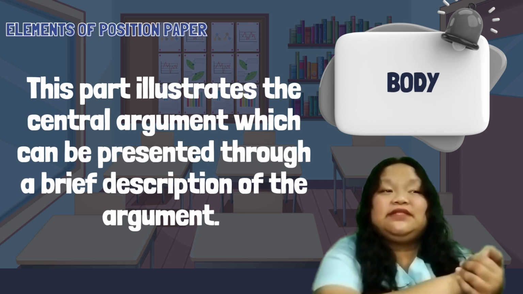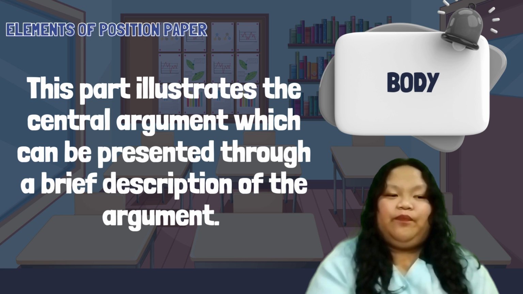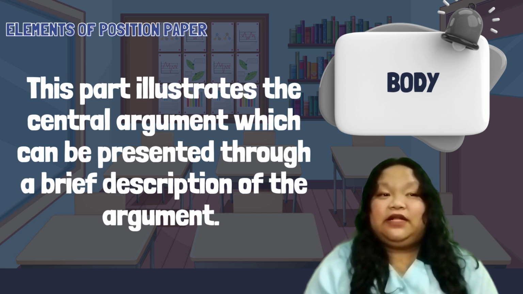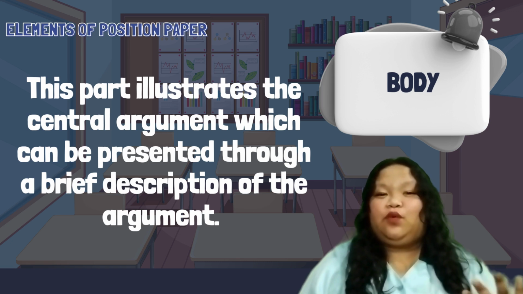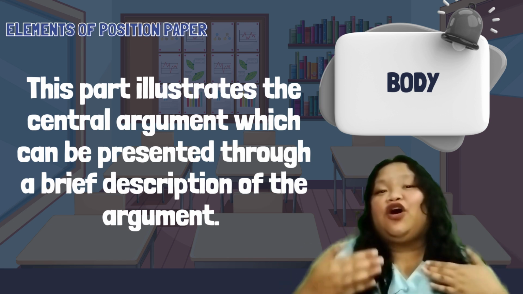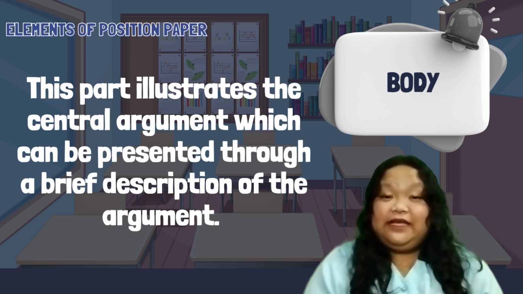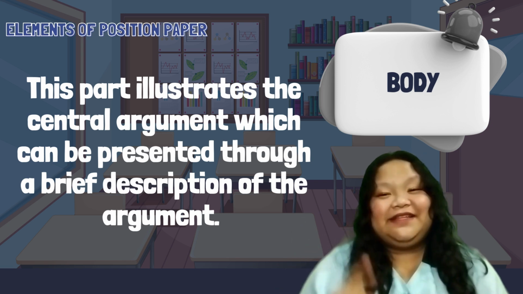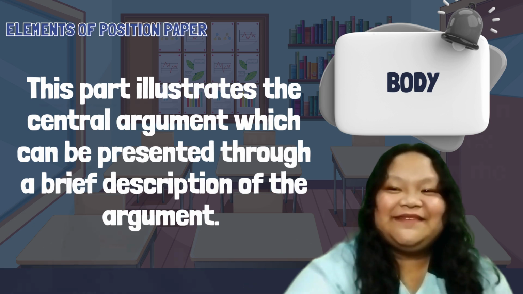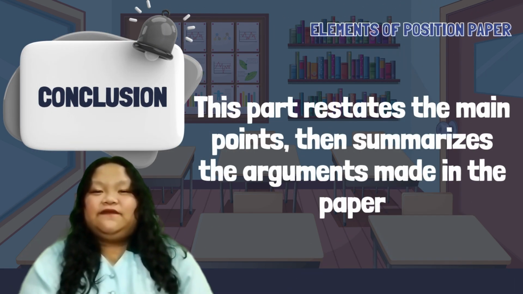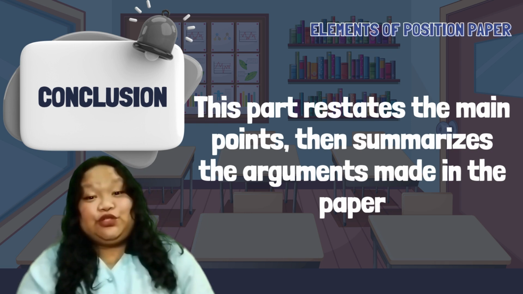So it is the part where, with your claims, you need to be concise and clear so that you explain them well. And what is the second element? The body. Perfect.